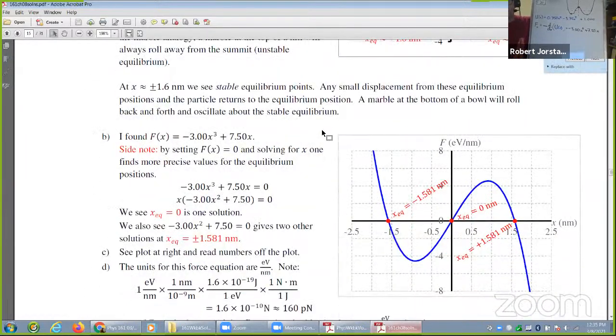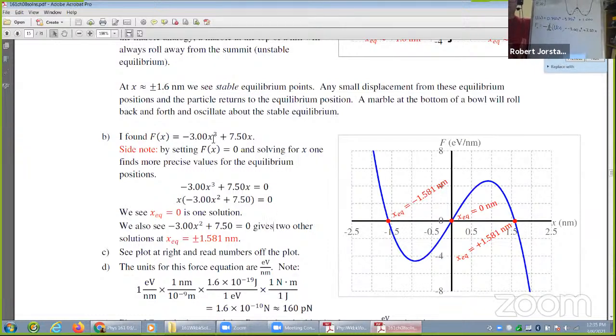Let's see. There's that force plot. And so I got the equilibrium positions there. Great. There are the 3 equilibrium positions with extra sig figs. Notice it's easier to get extra sig figs by solving this equation. That's kind of cool. But look at that crazy force.